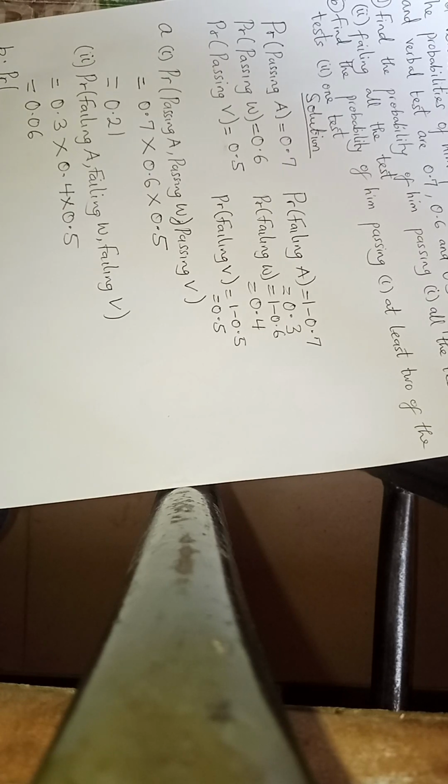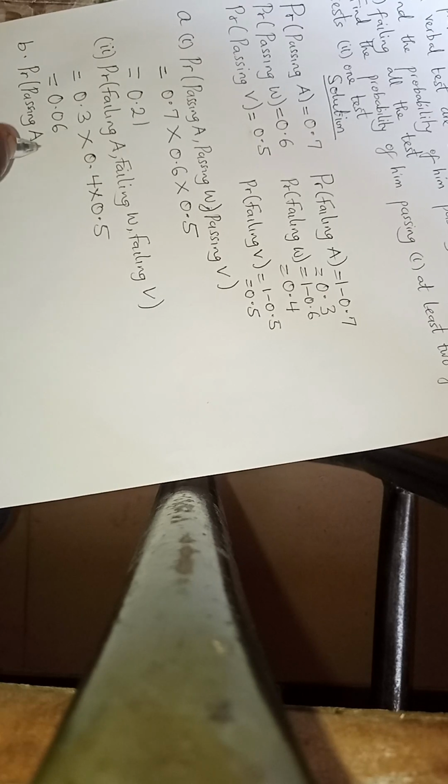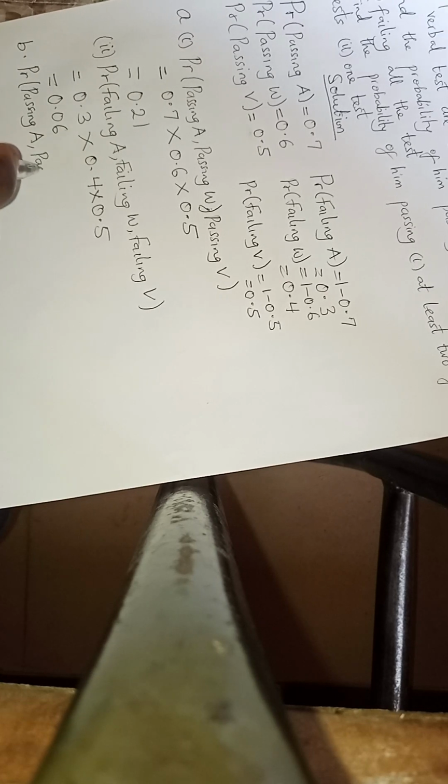We have more than one possibility in that case. So I'm going to say probability of him passing, let's start with that, passing A, passing W, then failing verbal test.